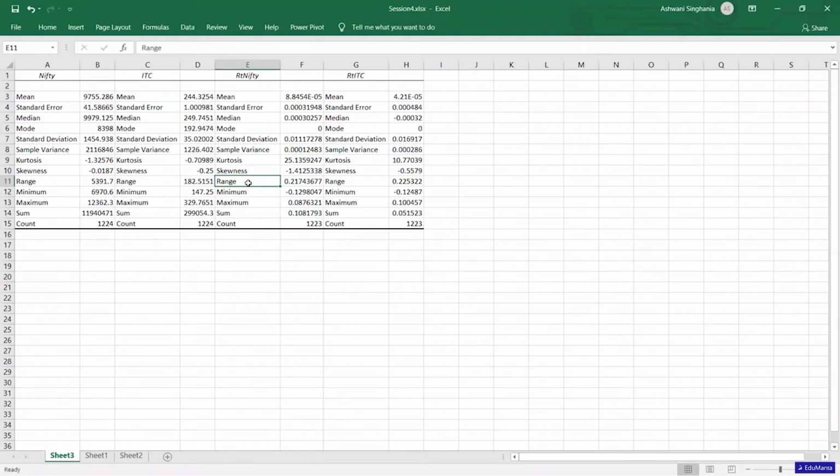When we subtract minimum from maximum, we get the range, which tells us the total spread of the data. Minimum, maximum, sum and count we already know. So we are left with kurtosis and skewness.